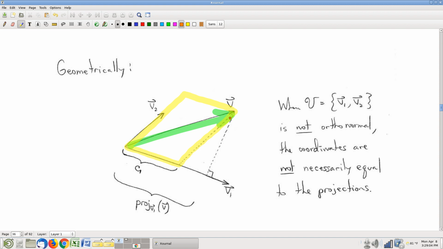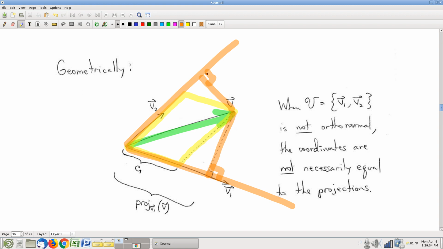Well, you drop a perpendicular in the direction of the one vector, and then you drop a perpendicular in the direction of the other vector. So, roughly speaking, you look at that yellow picture, you look at that orange picture, these do not appear to be the same, certainly not the same calculation. They don't even look like they are related, and it's not clear why they should be related.